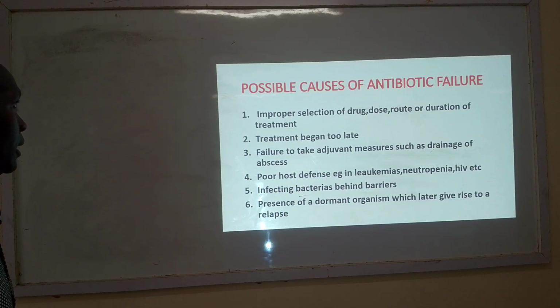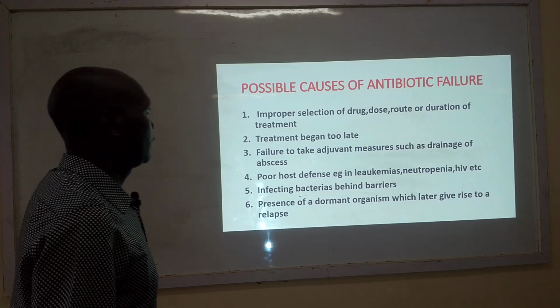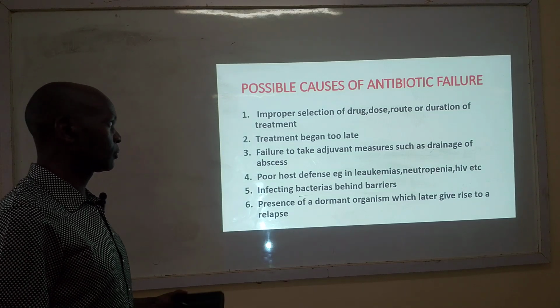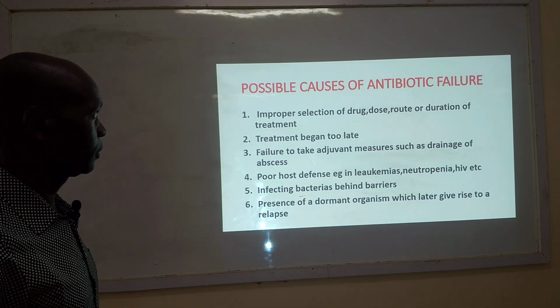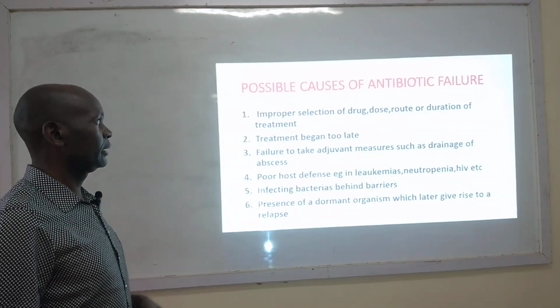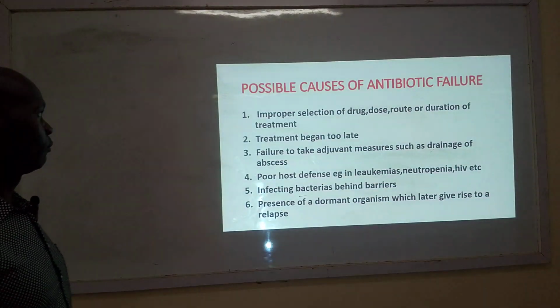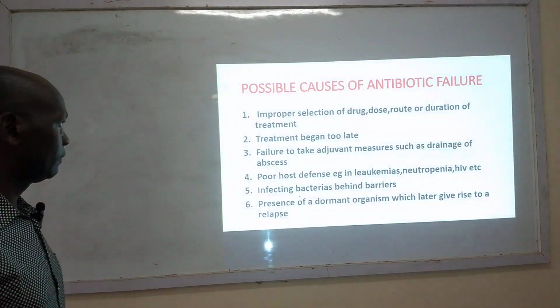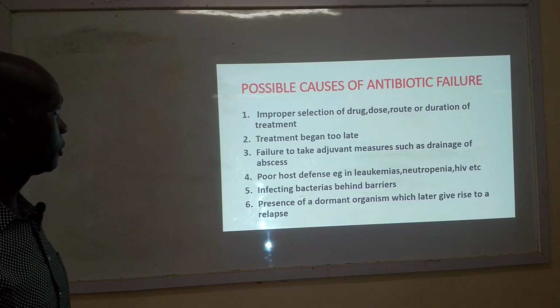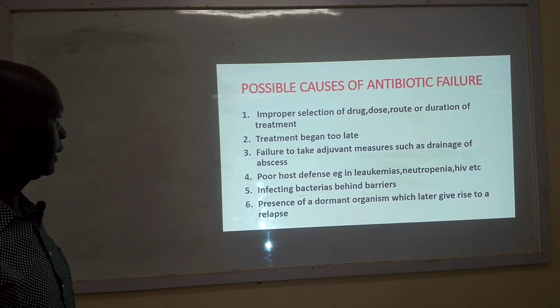So we can say failure can be due to improper selection of the drug and dosages, as well as route of administration together with duration of treatment. Also, when you start your treatment too late, it can expose you to possible antibiotic failure.